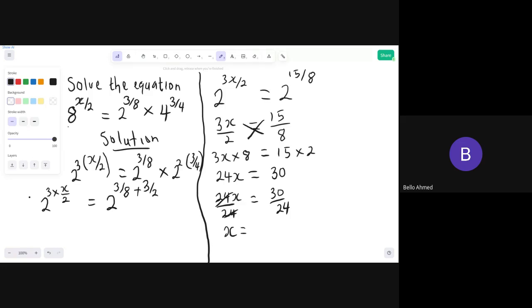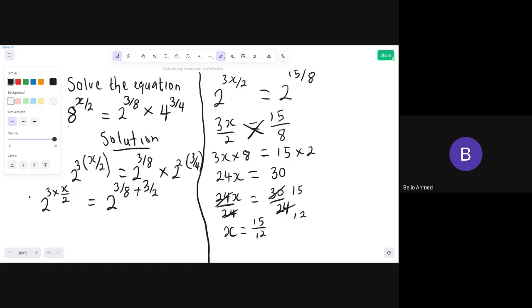So 2 can go in 30 and 24. 2 in 30 is 15, and 2 in 24 is 12, right? So I'm going to say 15 over 12.